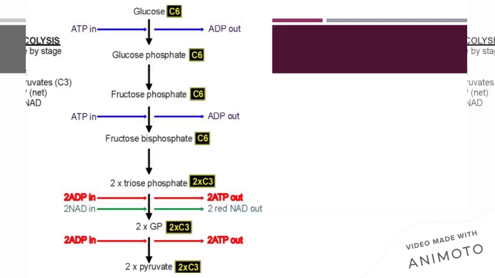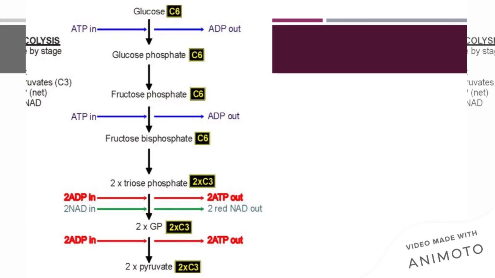And you start off with your glucose, and the glucose will undergo 2 rounds of phosphorylation. So 2 ATP will be invested in it, and that's what you call the investment phase of it. If you notice, the addition of an ATP will result in the glucose now being glucose phosphate.